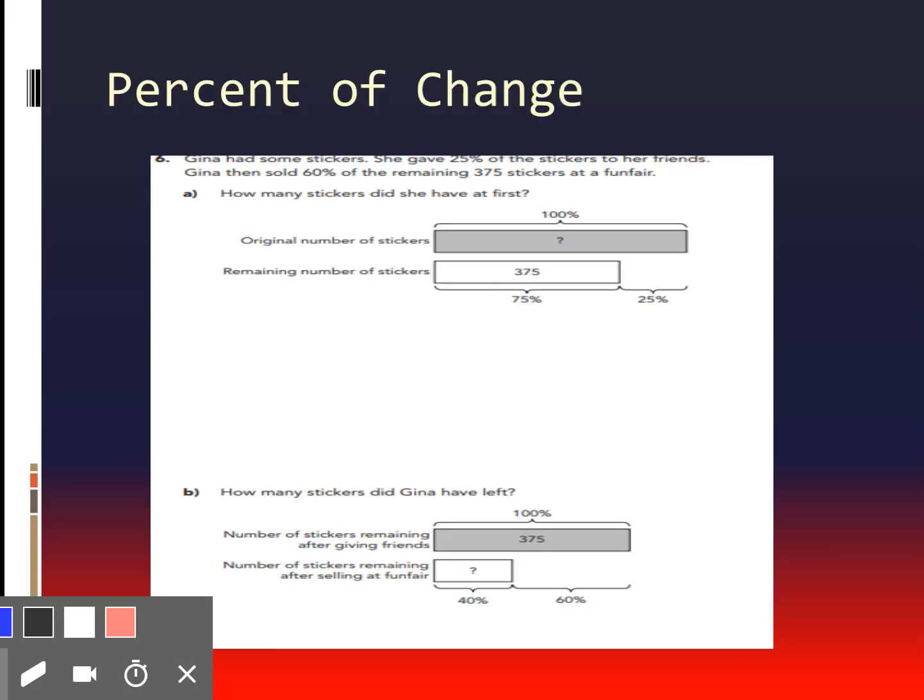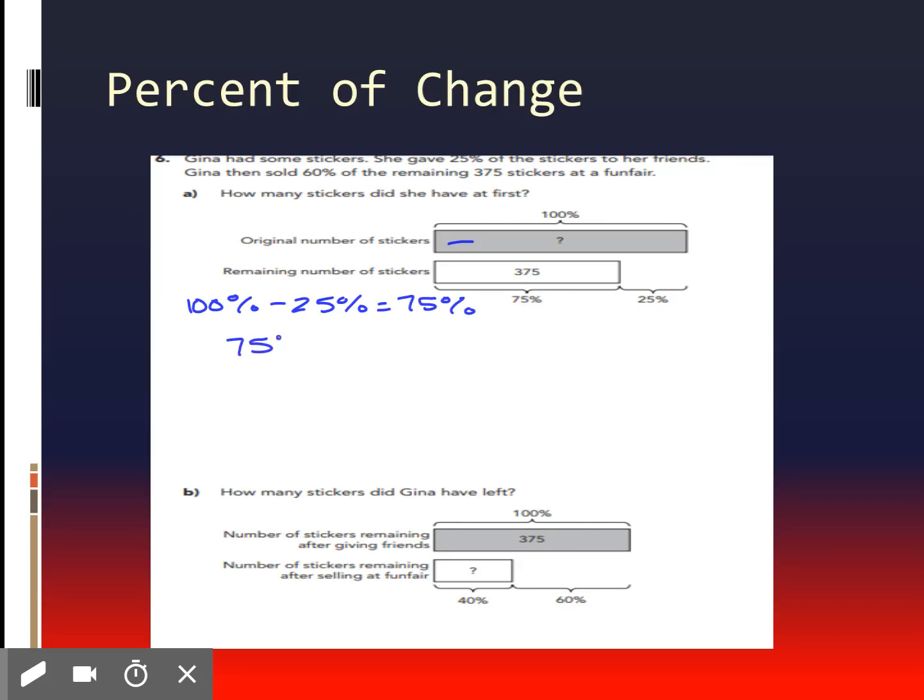So just like we have been doing, how many do we have at first? So our goal is to find what this 100% is here. So they tell us that she gave 25% of the stickers to her friends. So she started with 100% and gave 25% away, which means she has 75% left. And they say that 75% does equal 375.